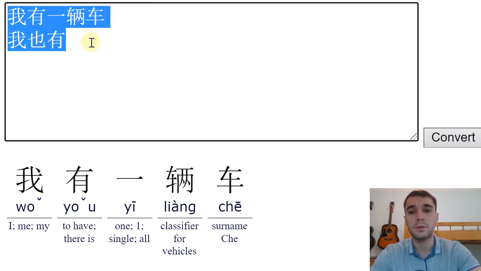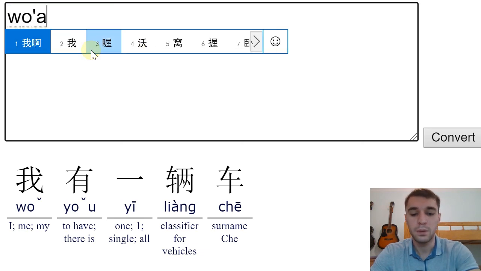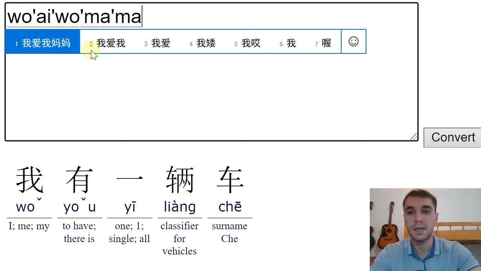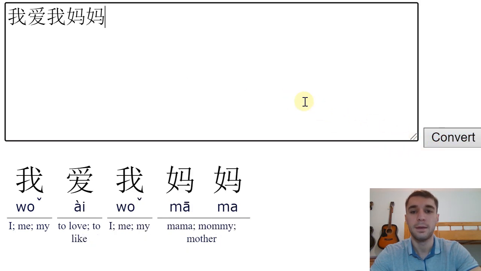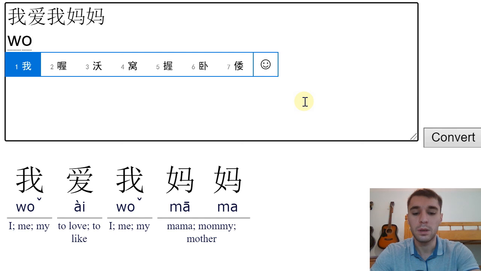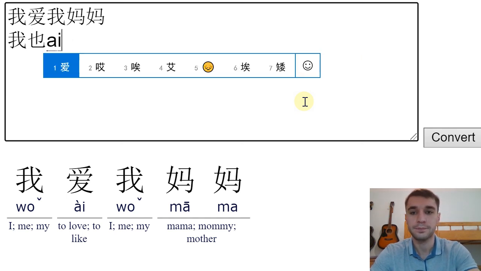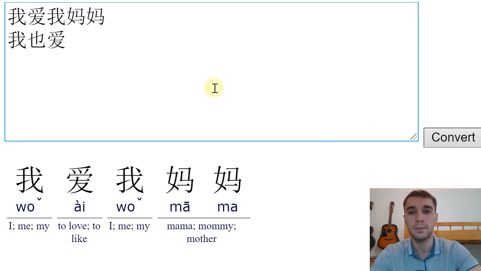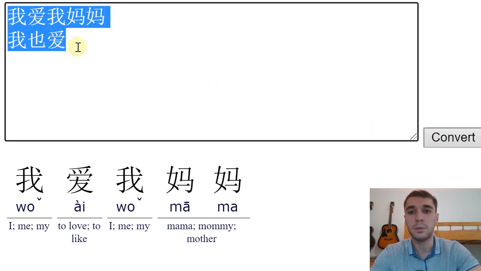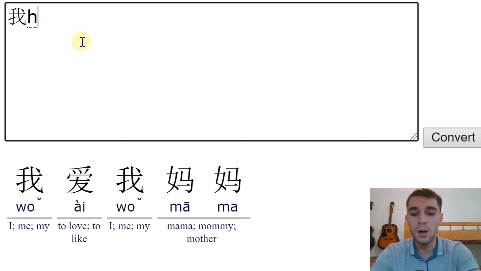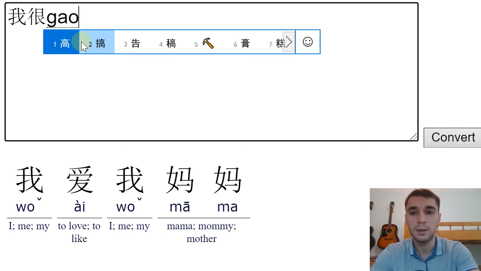Now you should say for me, I love my mother. 我爱我妈妈. I also love my mother. 我也爱. Now say for me, I am tall. 我很高.